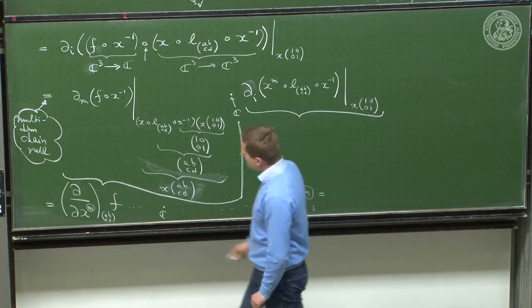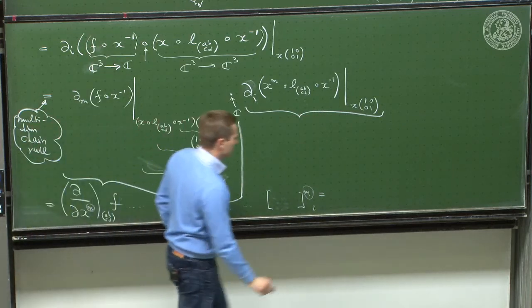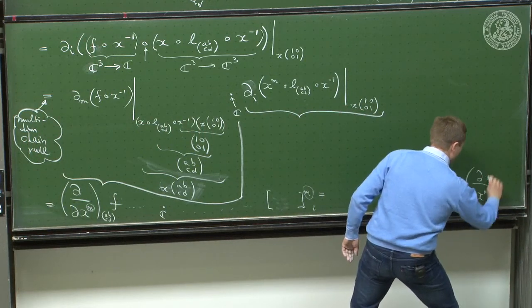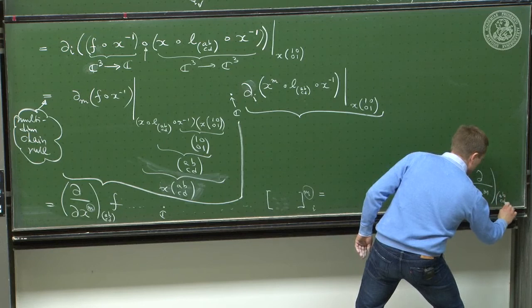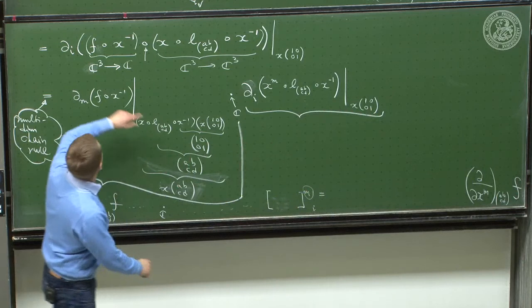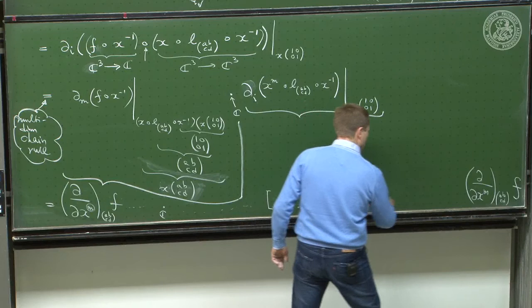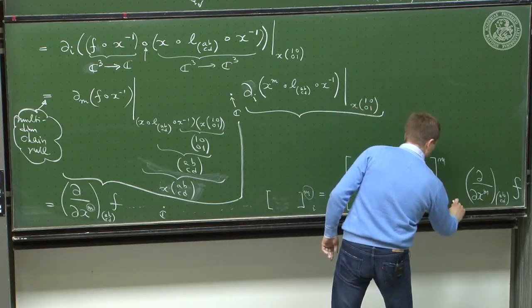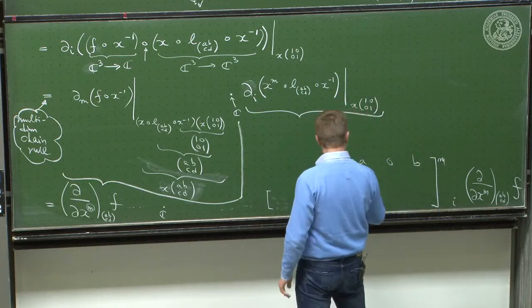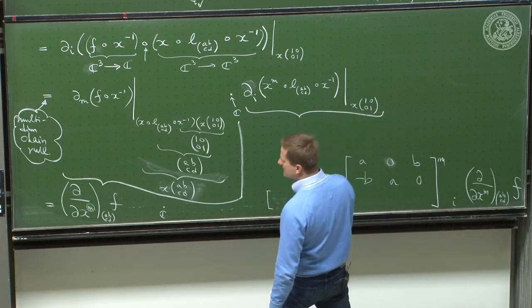I acted on this F, and because this is a complex multiplication, I can write d by dx_i at the point A, B, C, D of SL2C acting on an F. I put the F to the right-hand side like it is there, and in front of here I have this factor matrix: A, 0, B; minus B, A, 0; and C, 0, D.